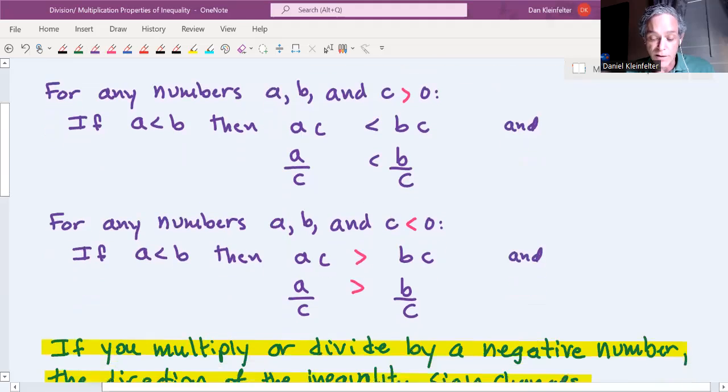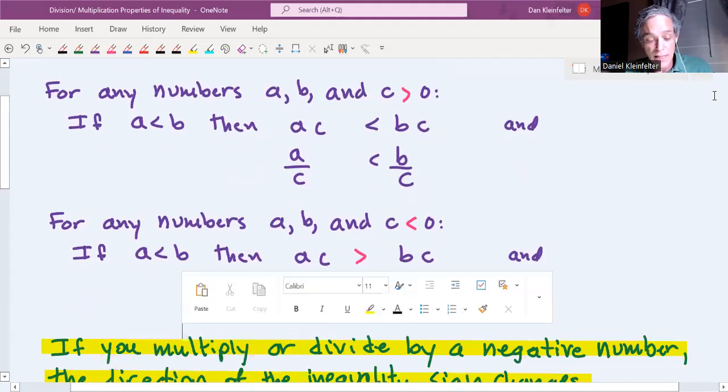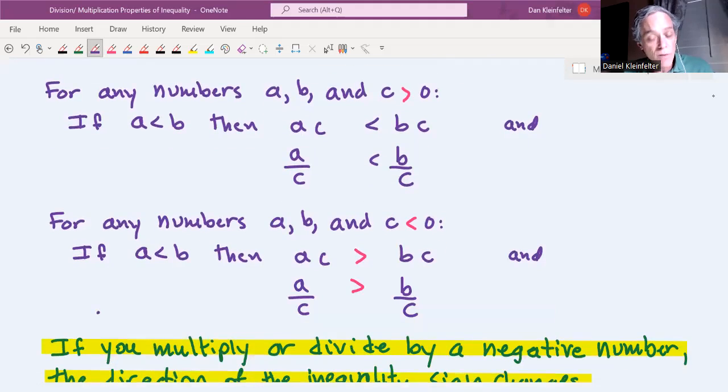The part that is different, and the piece that you have to be careful about, is if you are multiplying or dividing by c and c is negative. Notice that that's a less than sign. If that's less, then notice that the direction of the inequality sign changes.